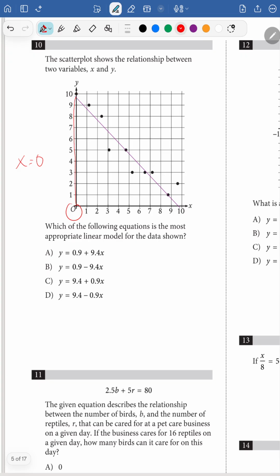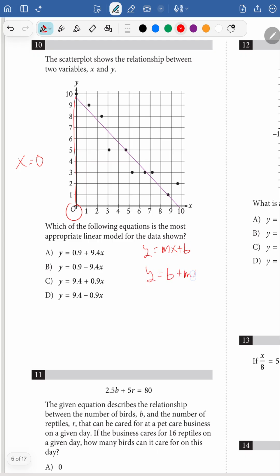Now let's look at the answer choices. Now this is written in a different manner. As we know, the standard equation for a line is y equals mx plus b. But just realize that this is written as y equals b plus mx.